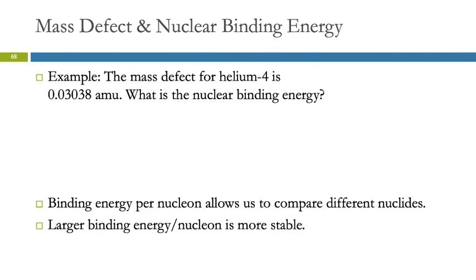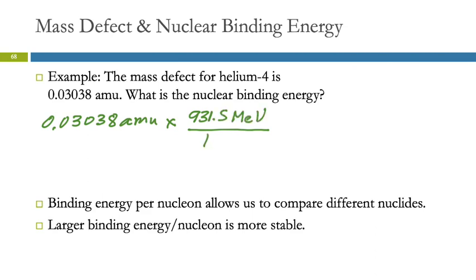So we can just convert atomic mass units to mega electron volts. Much easier than involving the speed of light.